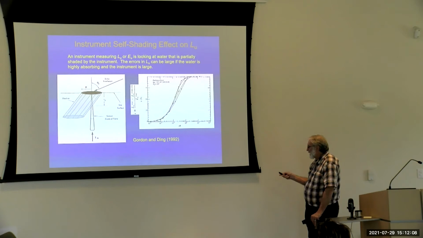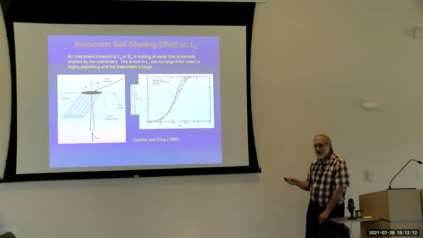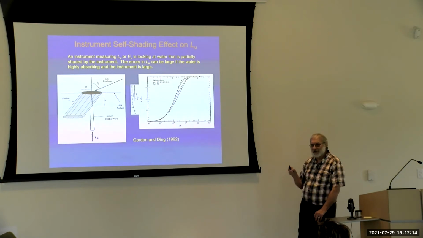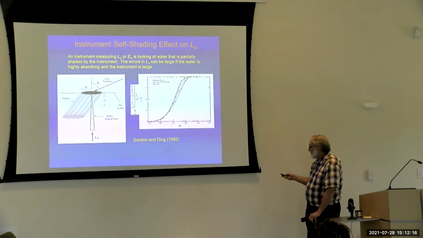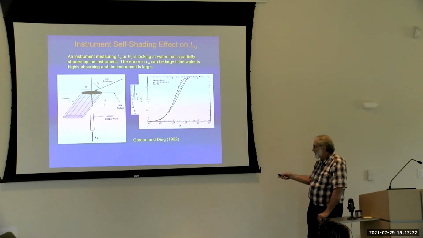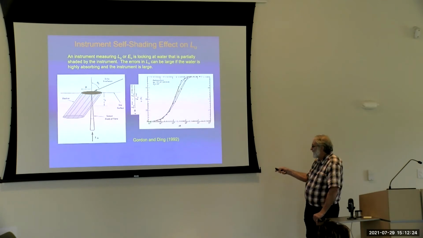So here's a plot of A times R. That product is what determines how serious the shadow is. So if there's a very low absorption coefficient or a very small instrument, then you get very little error due to self-shading. But let's just pick AR here as 0.1.